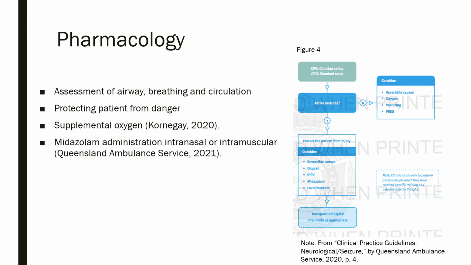If the seizure has not self-terminated, benzodiazepine administration may be required. Midazolam is a type of benzodiazepine and works as an anticonvulsant with amnesic and sedative effects. Midazolam binds to the benzodiazepine site within the GABA-A receptor in the central nervous system.